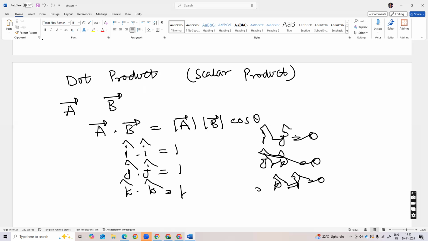Since they are in the same direction, theta is 0 degrees, so the whole term becomes 1. But when you take the dot product of two perpendicular vectors like i and j, theta is 90 degrees, cos 90 is 0, so i dot j is 0.